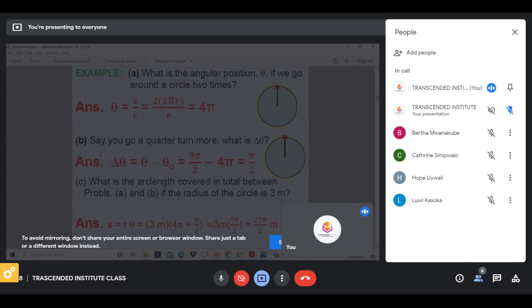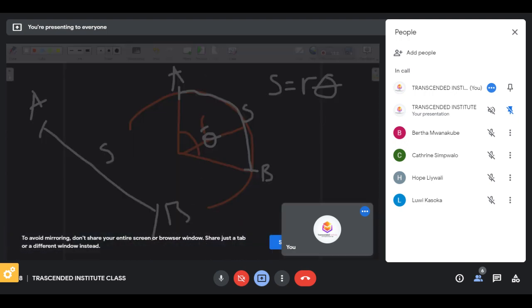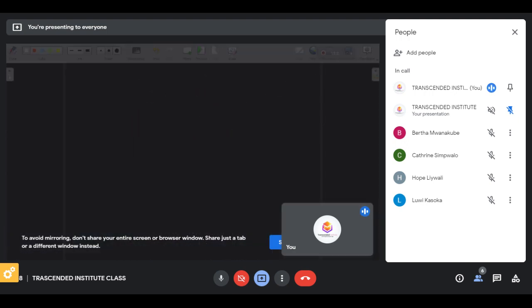Now, for us to understand what this is all about: what is the angular position theta if we go around the circle 2 times? I want you to know the total arc length of the circle, or the total angle.